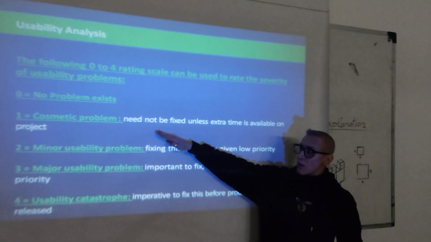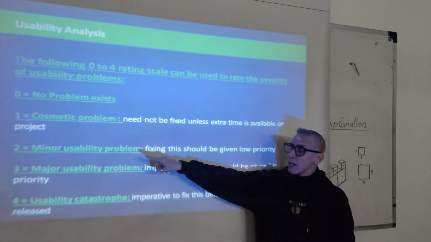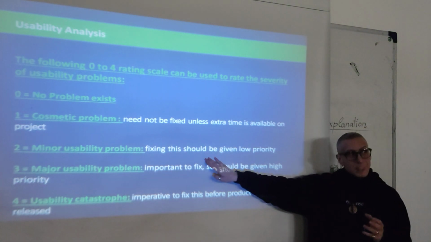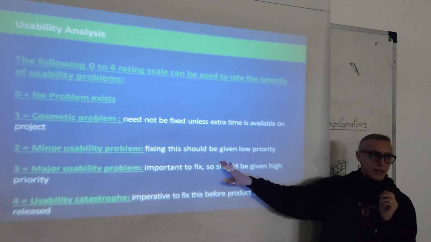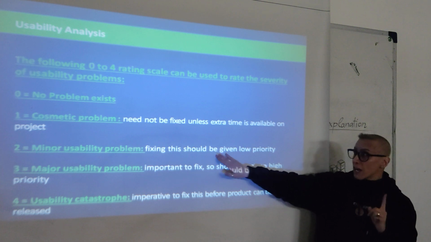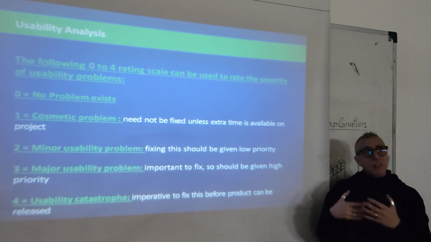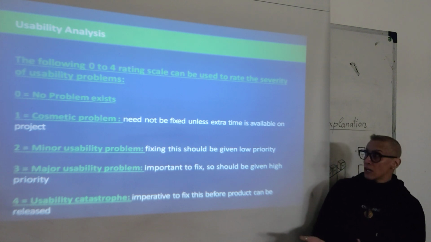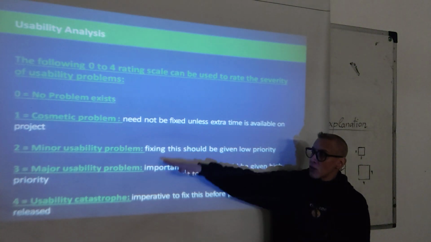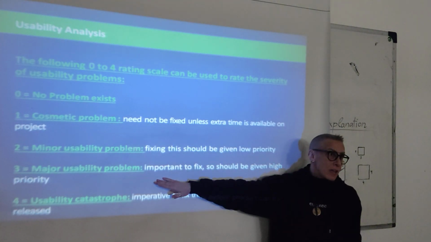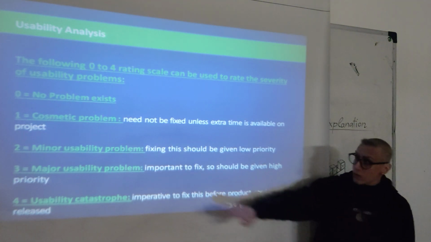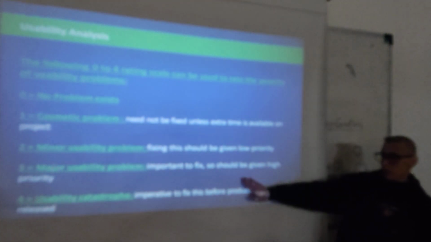Now, number 2 is a minor usability problem. It's a small usability problem, but it becomes a little bit more serious and needs to be fixed if there is sufficient time and opportunity to do that. Okay? When we get to number 3, a major usability problem, if you put a mark 3 on something, this means that there is a big problem here.